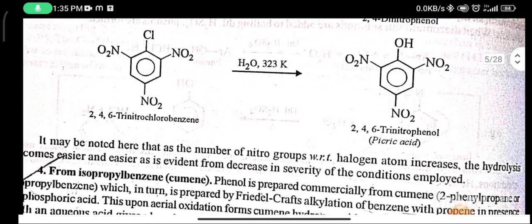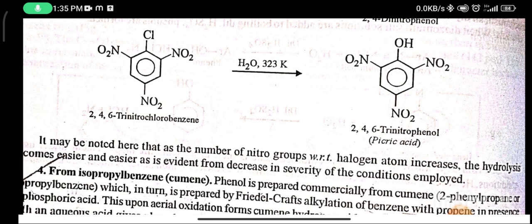2,4-dinitrochlorobenzene reacts with aqueous Na2CO3, sodium carbonate, at 403 Kelvin and then dilute HCl. It gives 2,4-dinitrophenol. 2,4,6-trinitrochlorobenzene reacts with water at 323 Kelvin.